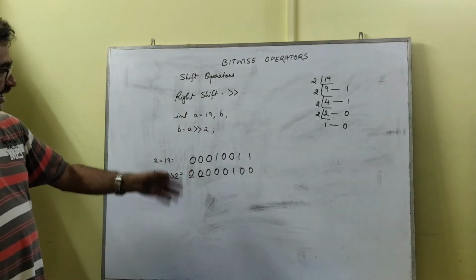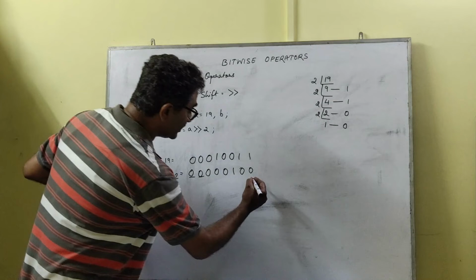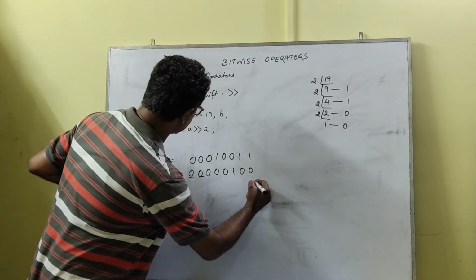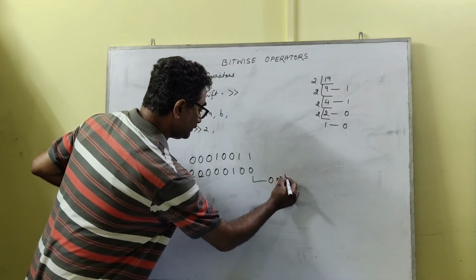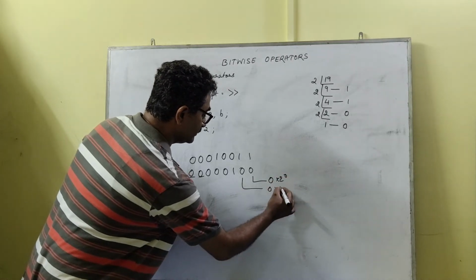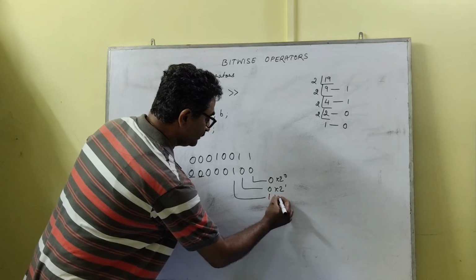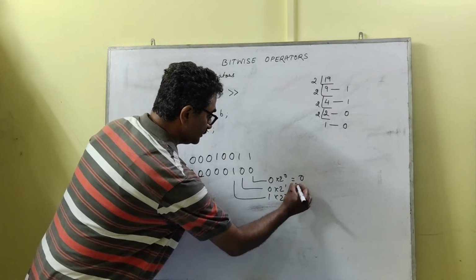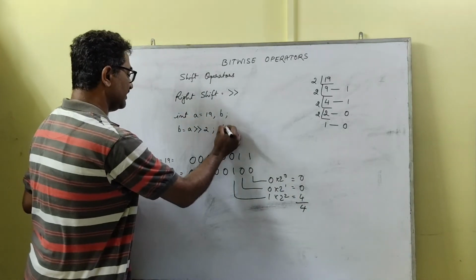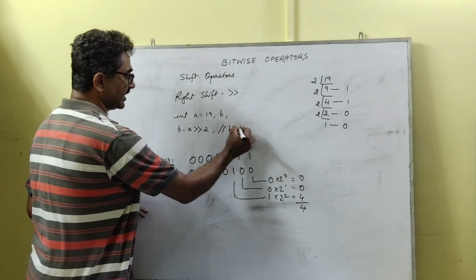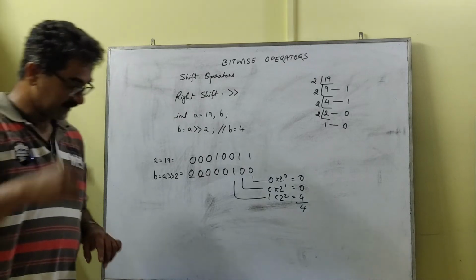So it's that simple. Now we'll go for binary to decimal conversion to understand which value got stored inside variable B. So we get 4. So with right shift, we get the value 4 stored inside variable B.